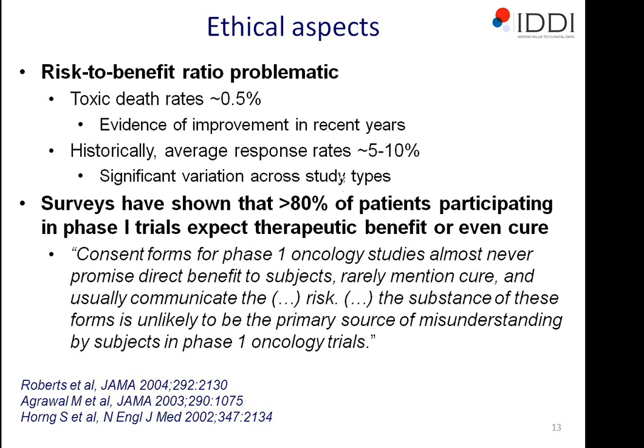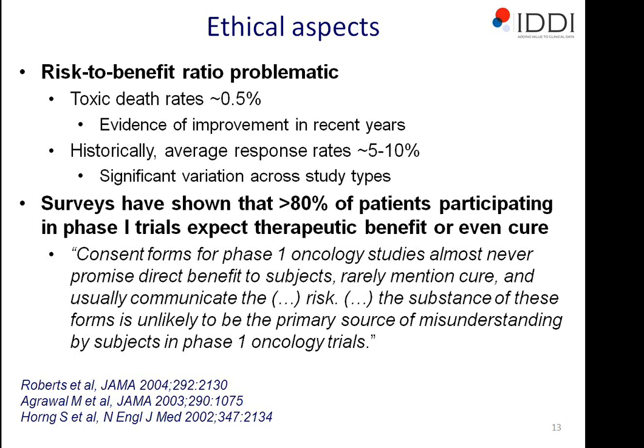On the other hand, patients and sometimes physicians expect some benefit, and some authors have tried to understand if this mismatch between reality and expectations could come from the phrasing of consent forms. For example, in this study, it was found that more than 80% of patients expected benefit, and some even expected a cure.